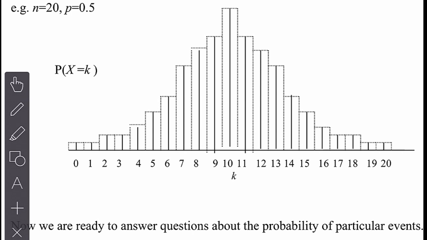So right now all we're doing is calculating the probabilities, saying what's the probability that in this example X, as a binomial, has the parameters n equals 20 and p equals 0.5.